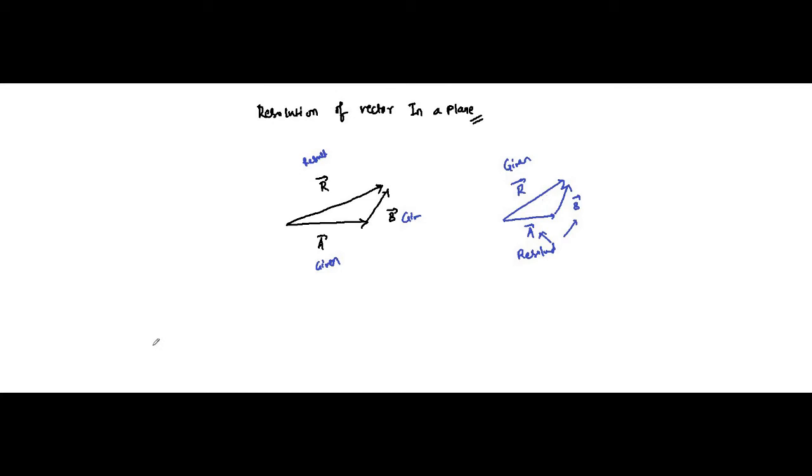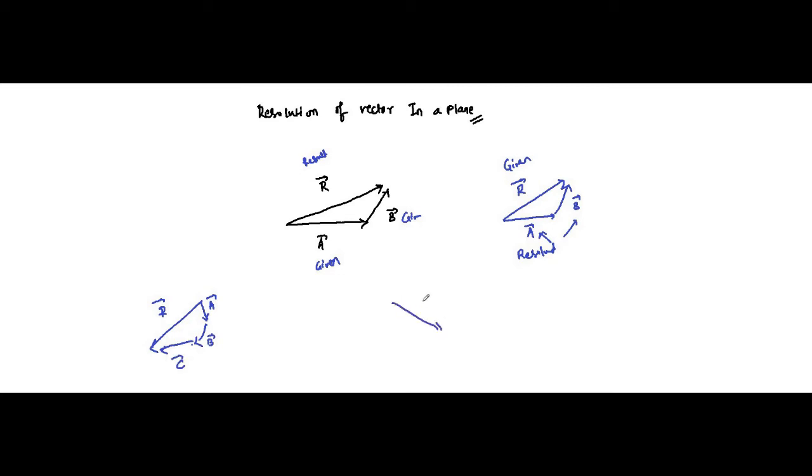Let's say we have a vector like this, R vector. Similarly, we can resolve it into any way we want, like this, then this. This is, let's say, called A vector, this is B vector, this is C vector, like this.